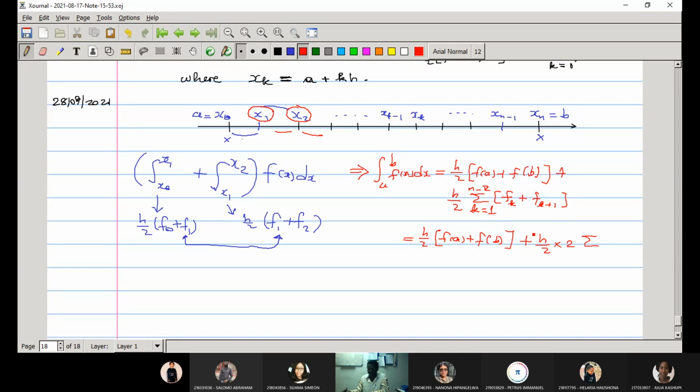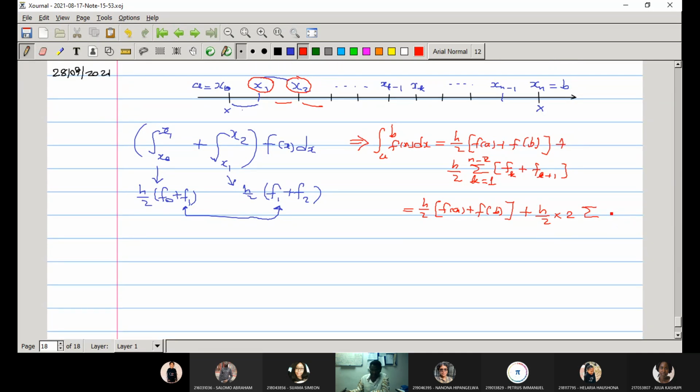Now I group the term that will be repeated. Now this will be f sub k, where k runs from 1 to n minus 1. You see. Now because I group the terms that will be repeated twice, these 2 and that 2 will cancel out.